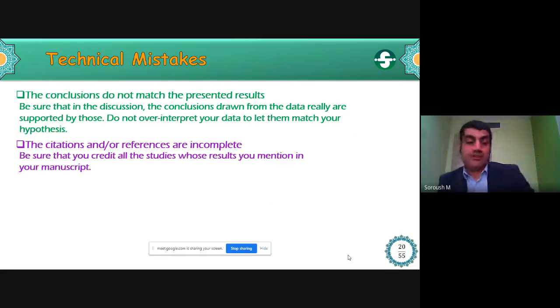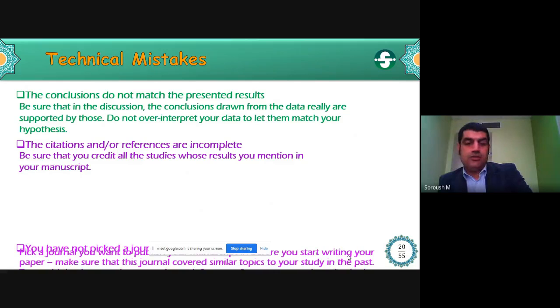The citations or references would be incomplete, and this is the case that usually reviewers point out in their evaluation.